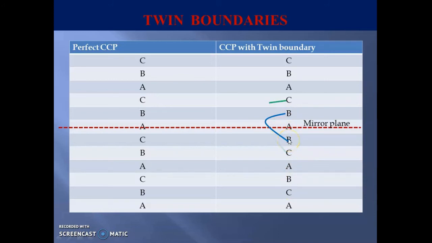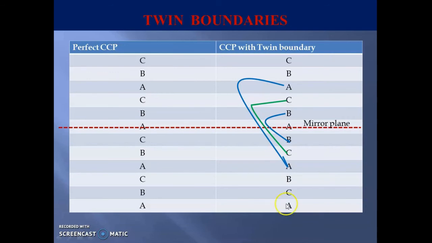Similarly this C here has been reflected here. This A here has been reflected here. This B is reflected here, and this C is reflected to this point. And above there will be a normal sequencing again A, B, C, that A is reflected back here.